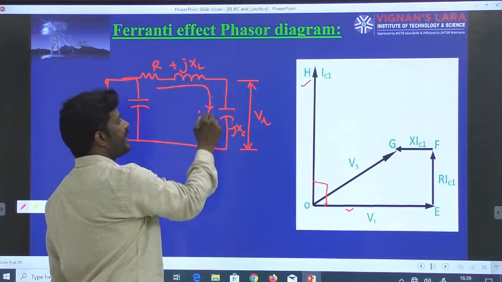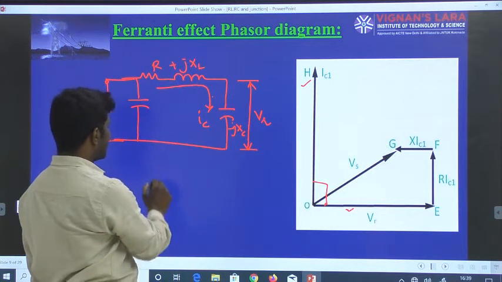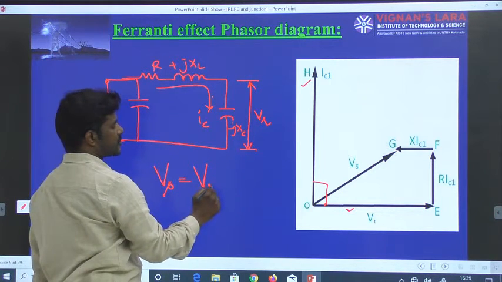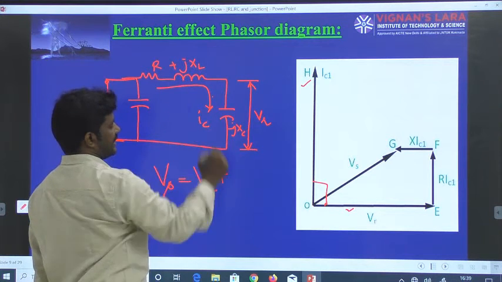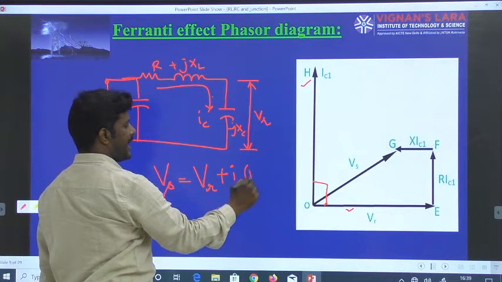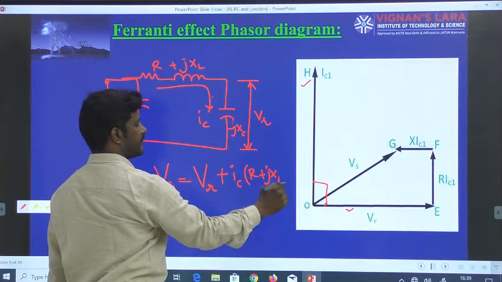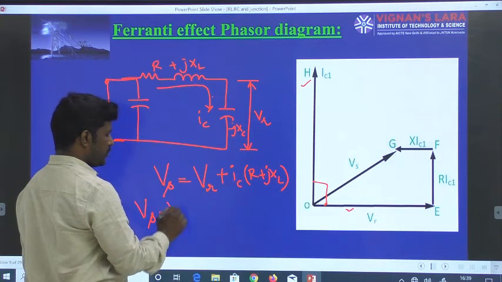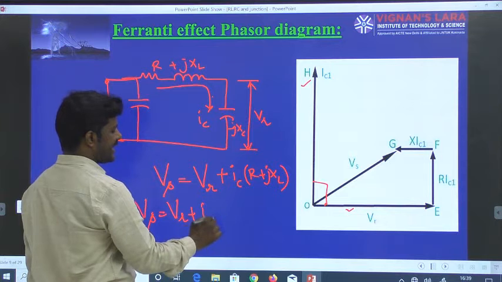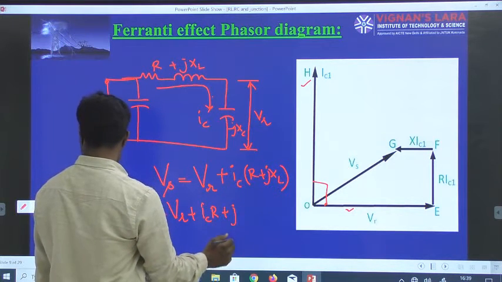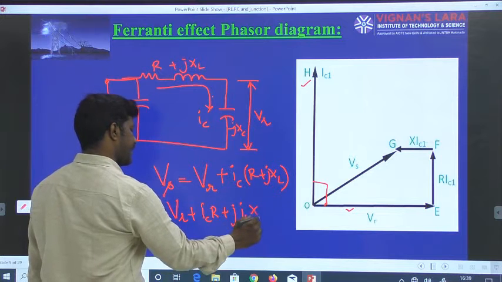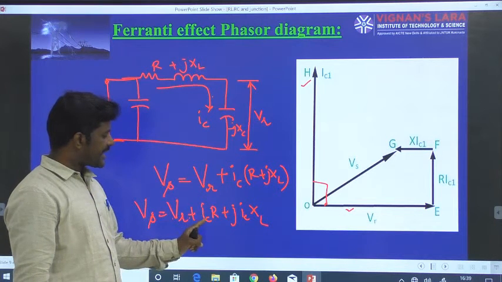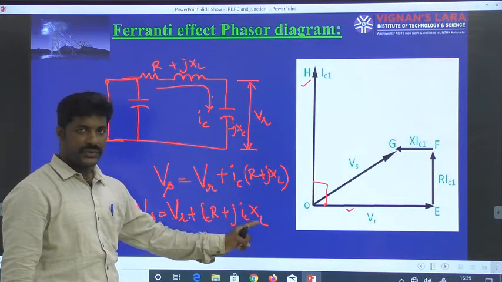After identifying that current, you can apply the KVL loop. What is KVL? Vs is equal to the voltage across these two port terminals, VR, plus the leading current IC multiplied by R plus jXL. That is, Vs equals VR plus IC into R plus j IC into XL.